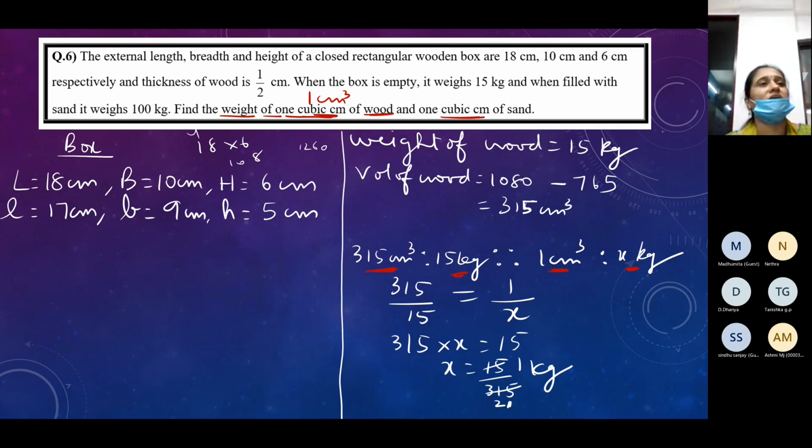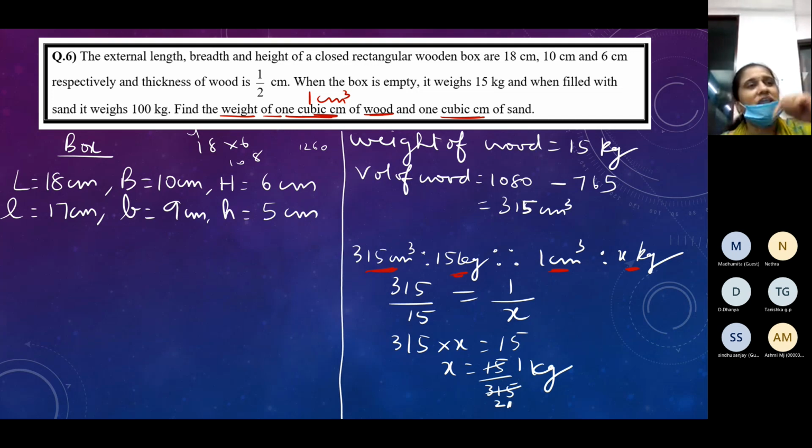So what is the volume of sand? How will you find the weight of the sand? It's the inner volume. Correct. Internal volume is the volume of the sand, correct? The volume of the sand is the internal volume of the box, because where do you put the sand?